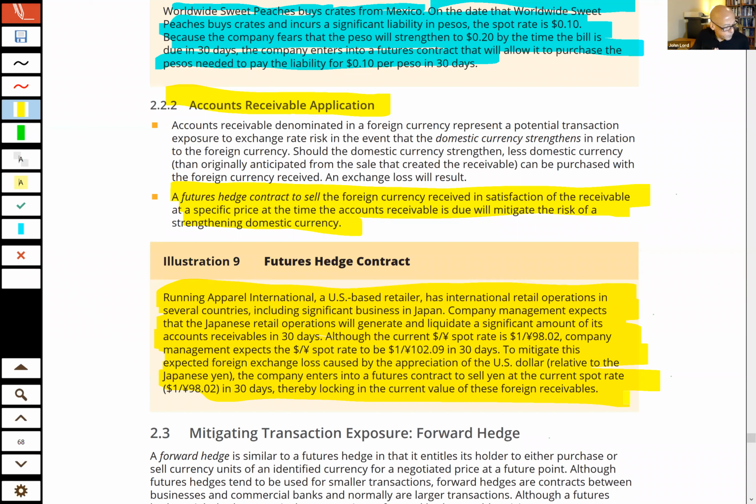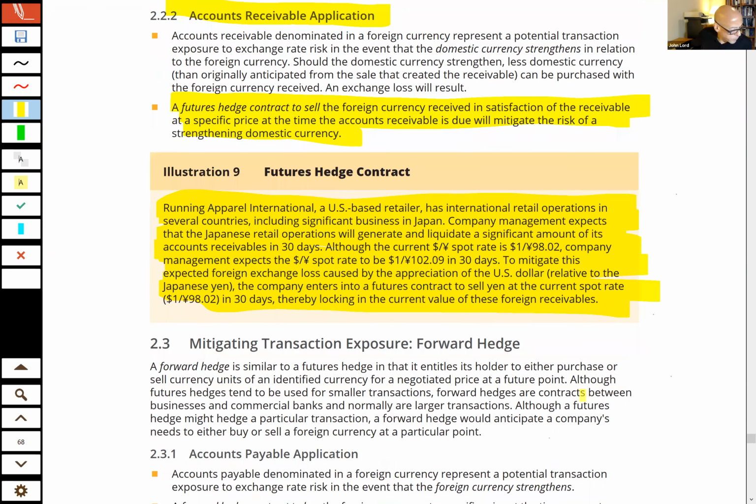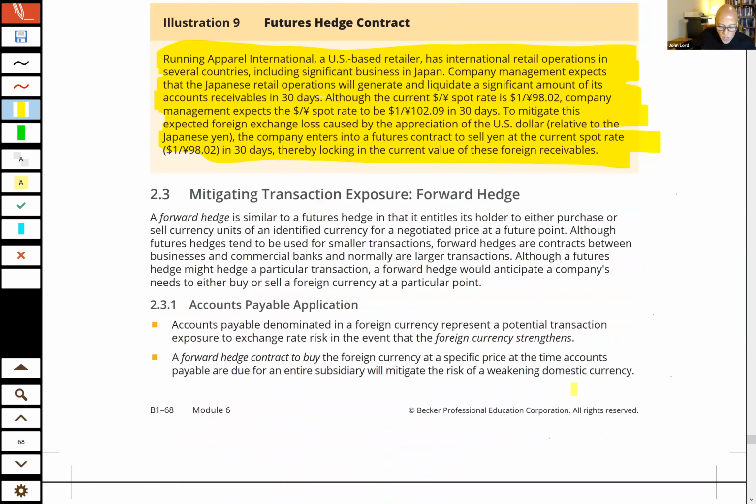The big picture here is you have transaction exposure. Futures hedge contracts can be used to help you with both payable exposure and receivable exposure. Okay, all right, good.